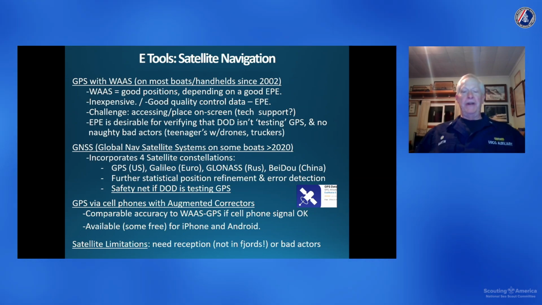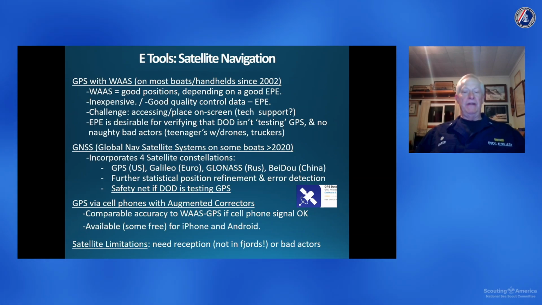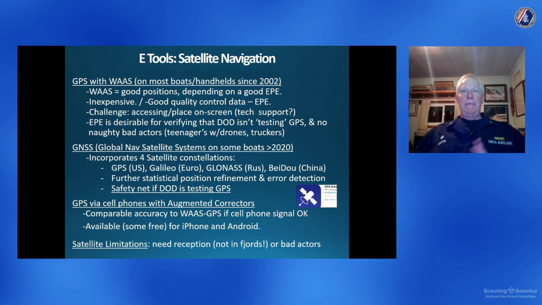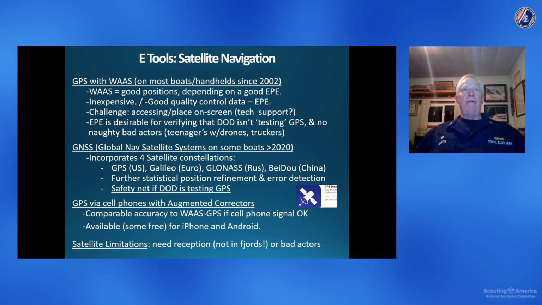We used to say it's Russian, but it's really GLONASS that is the Russian. Galileo is European. GPS is US. Most of these all depend on one thing: line of sight.